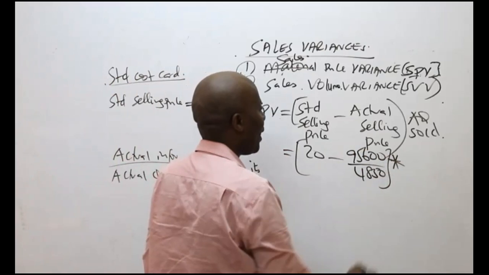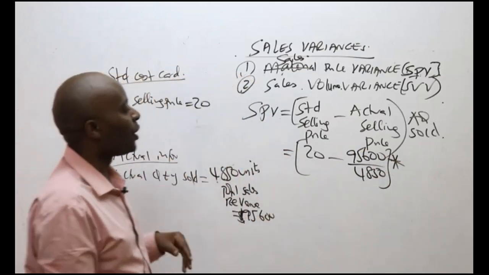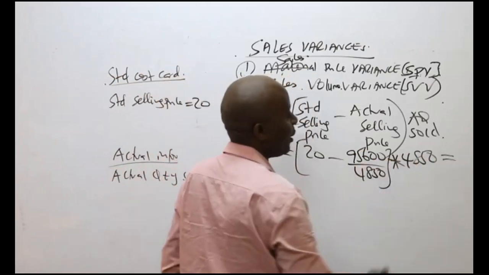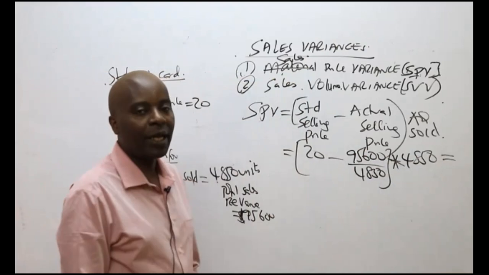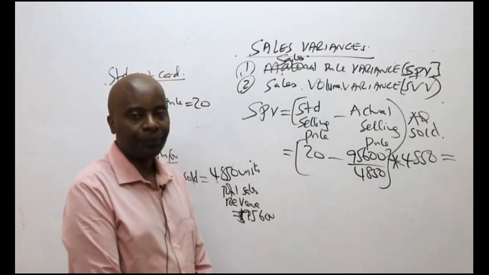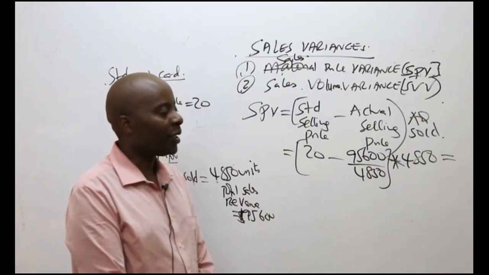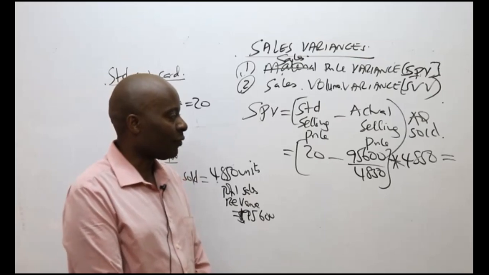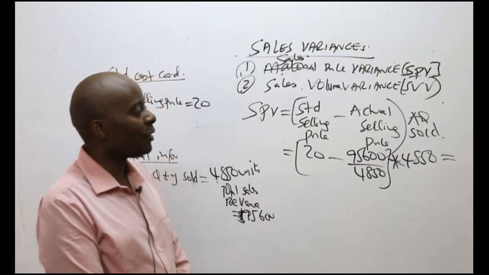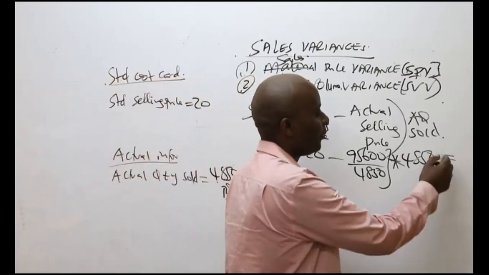Multiply this by the actual quantity sold, which is 4850. So you have 20 minus 95,600 divided by 4850 times 4850. Kindly give me an answer. What figures do we have, somebody here?